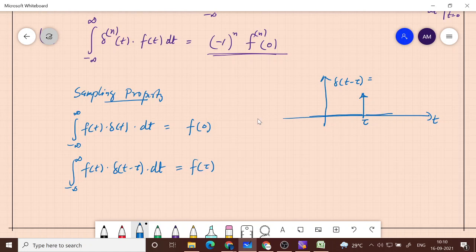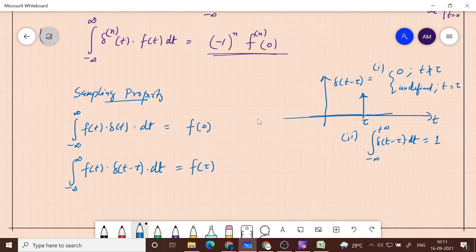So I can define it as 0 when t is not equal to tau, and undefined when t is equal to tau. That is the first part of the definition. The second part of the definition is that the integral of delta of t minus tau from minus infinity to plus infinity dt is equal to 1.